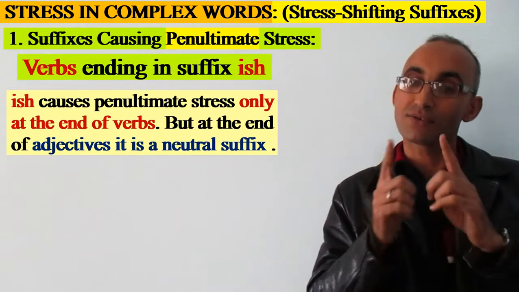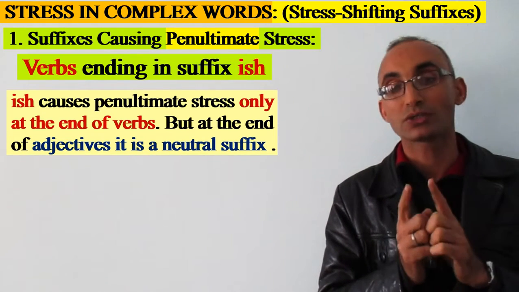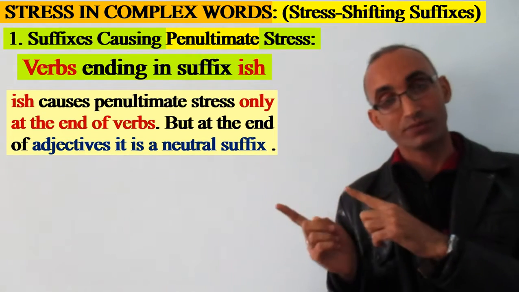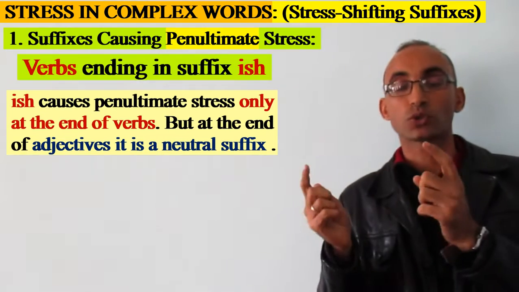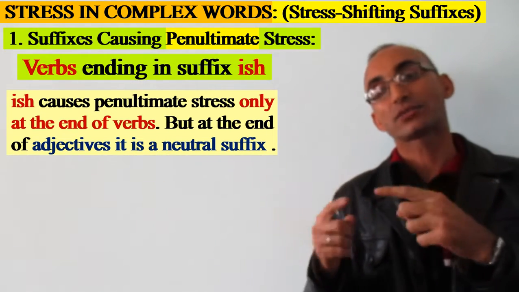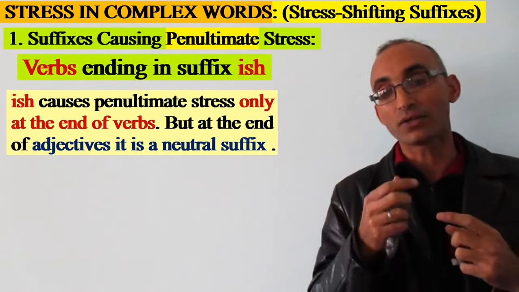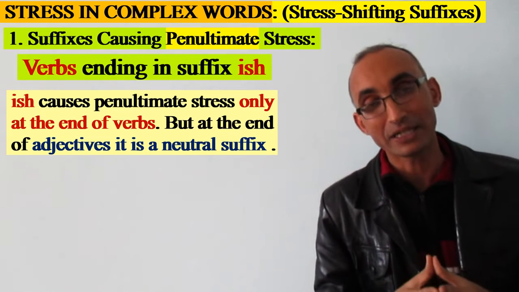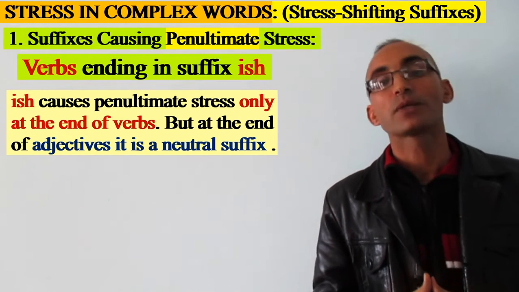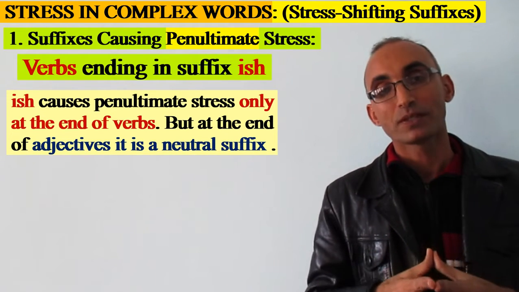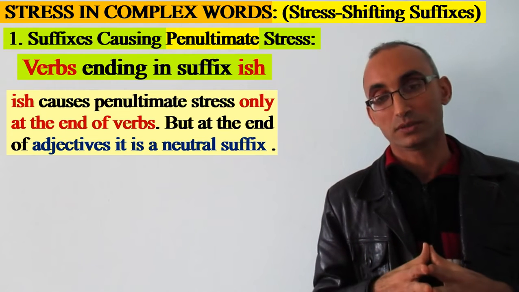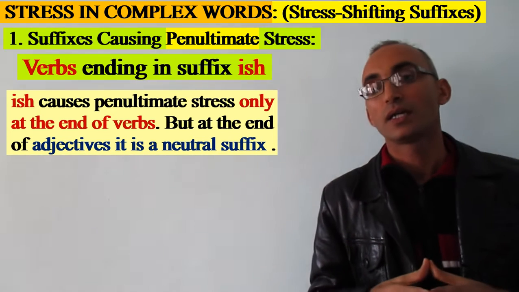But be careful, as verb, clear. Because ish as an adjective, or when it is linked to a verb as an adjective, it's neutral. But ish at the end of verbs in English causes penultimate stress.